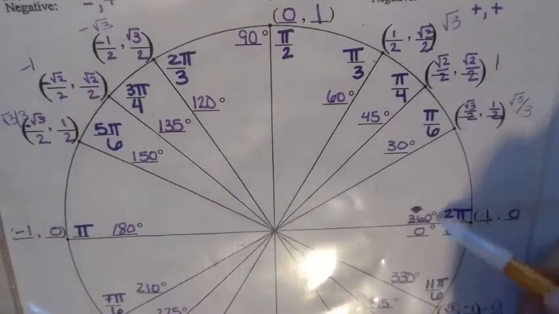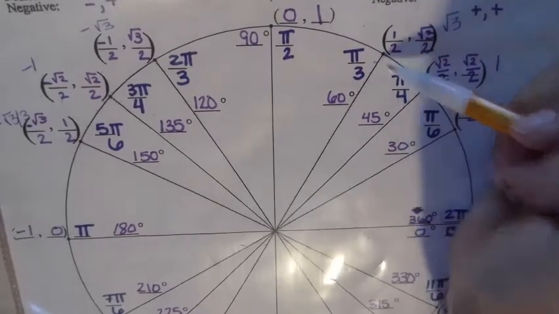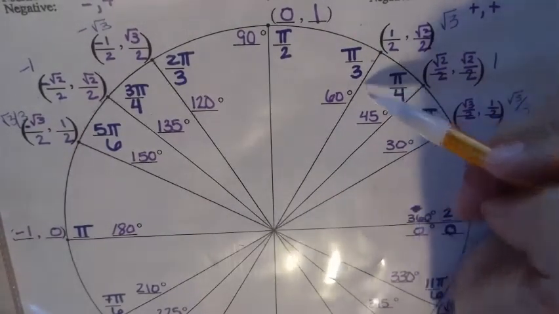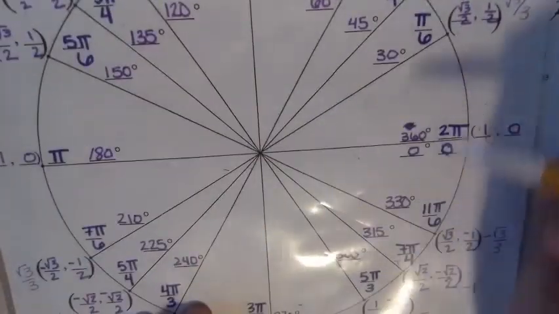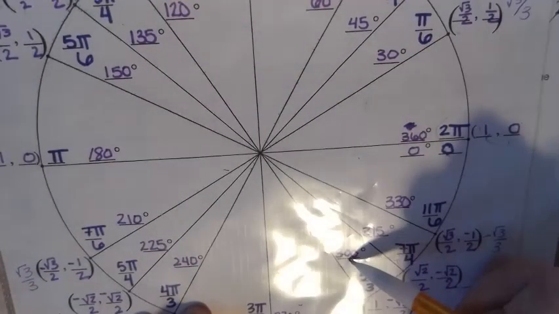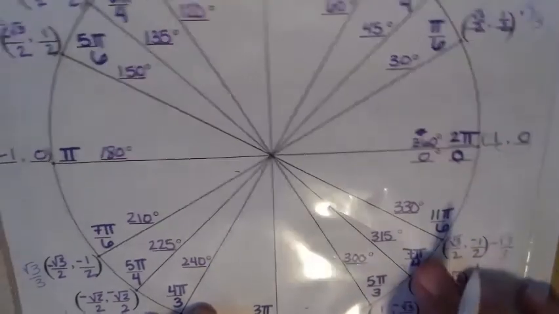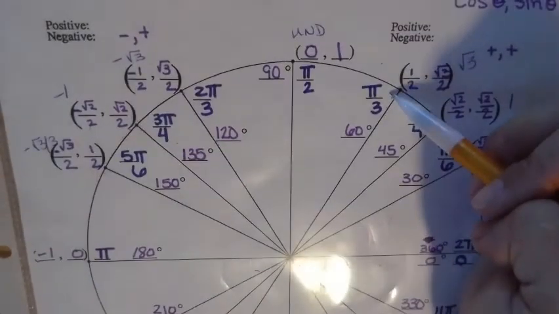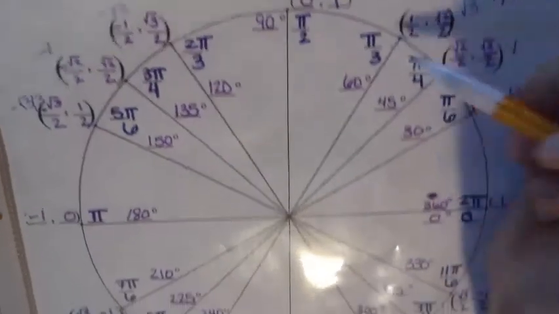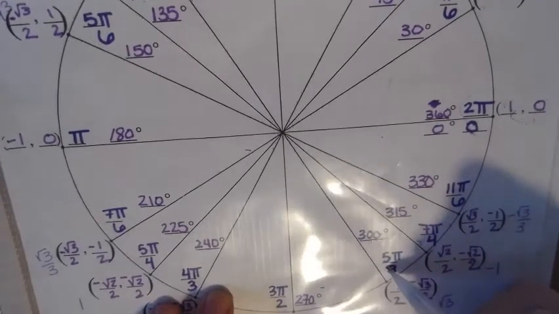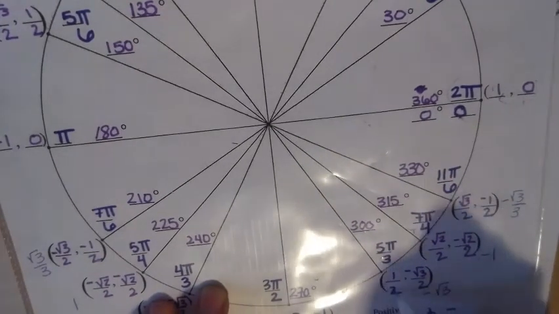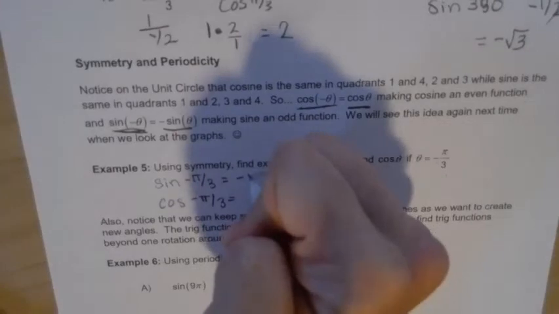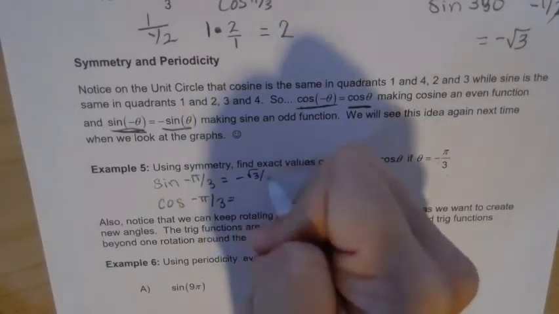So negative pi over 3 is going to be that same amount of distance, but going the opposite way, which, as you can see, is a reflection of it. Sorry, my light is glaring with my unit circle. So all I have to do is find the degree and reflect it, and that would be the negative of it. So my cosine is 1/2, and my sine is negative square root of 3 over 2.